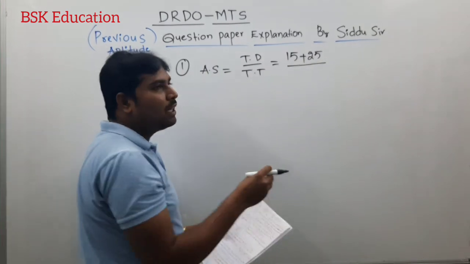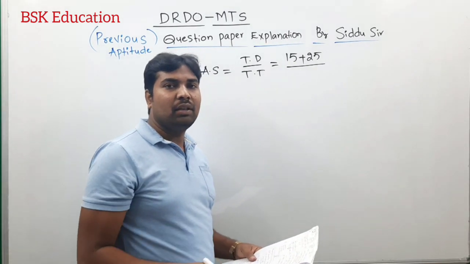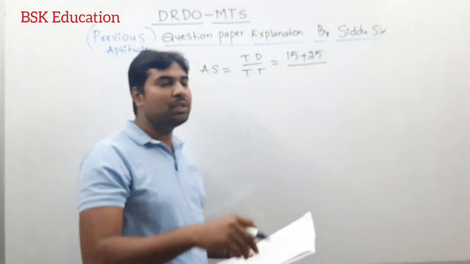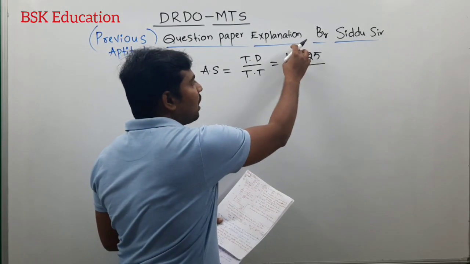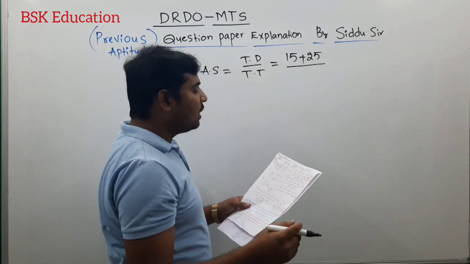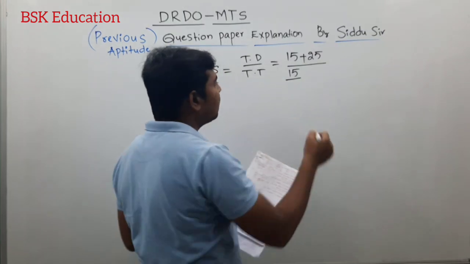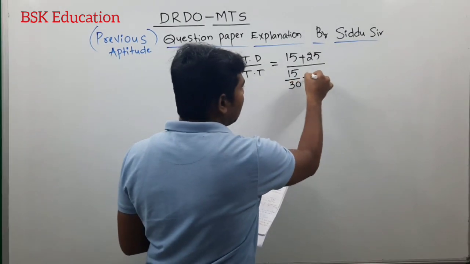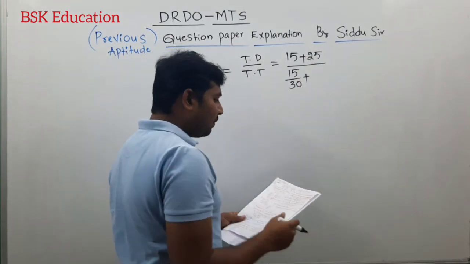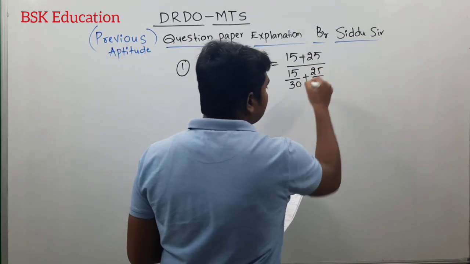The time period is not given, so how do we calculate it? You know the distance and speed. For 15 km he traveled at a speed of 30 km per hour, so 15 divided by 30, plus, for the 25 kilometers he traveled at a speed of 10 km per hour. Simple.